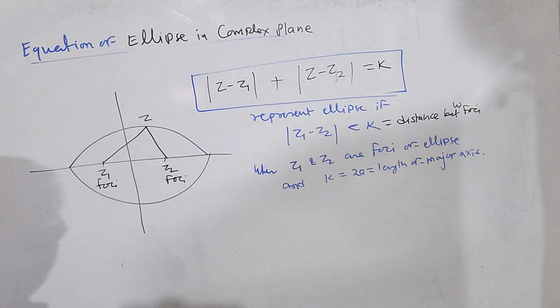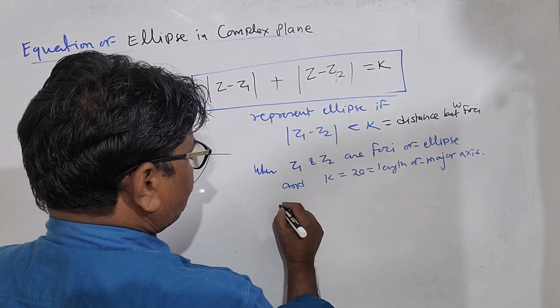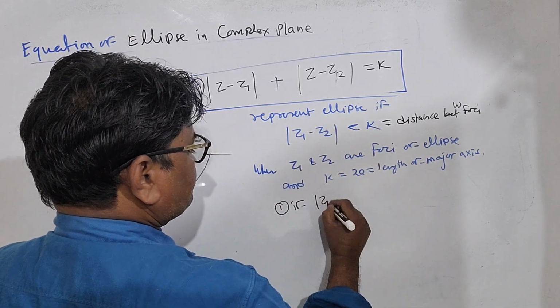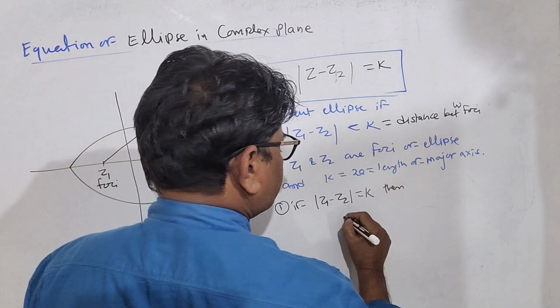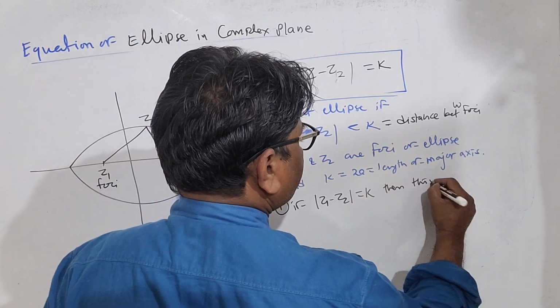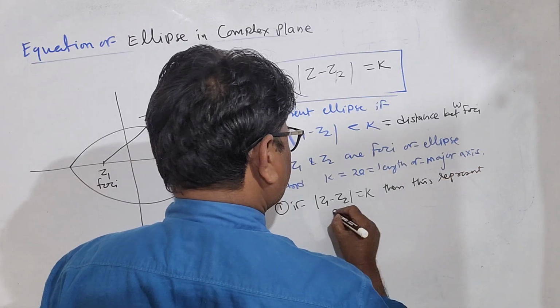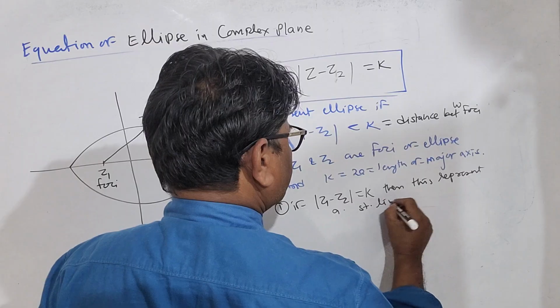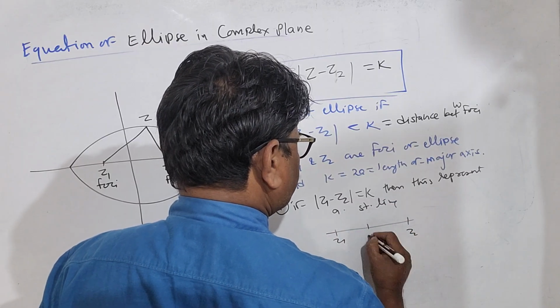And if modulus of Z1 minus Z2 is equal to k, then this locus represents a straight line. It is something like this: Z1 and Z2.